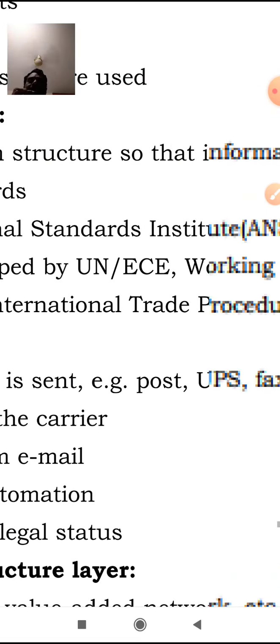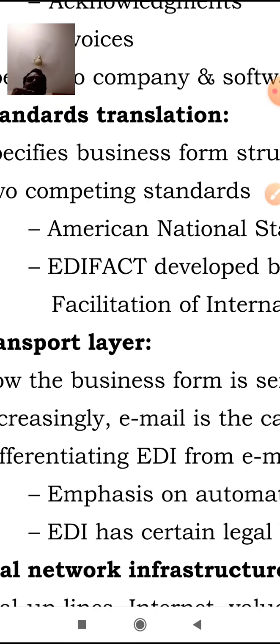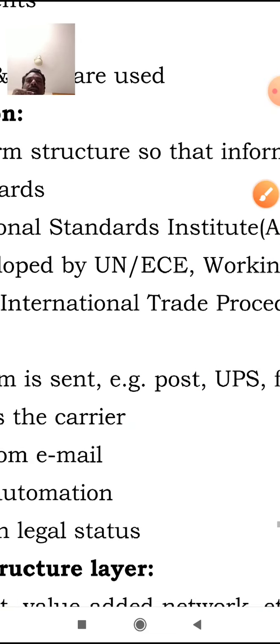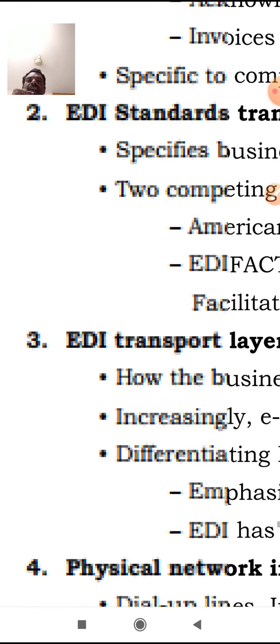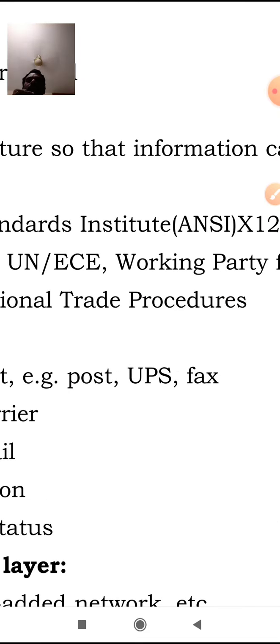One is American National Standards Institute ANSI X12. The second one is EDIFACT. This EDIFACT is developed by UNECE, the working party for the facilitation of international trade procedures.